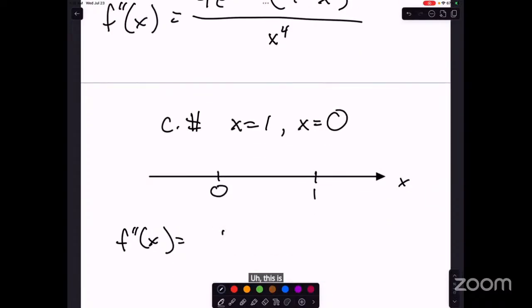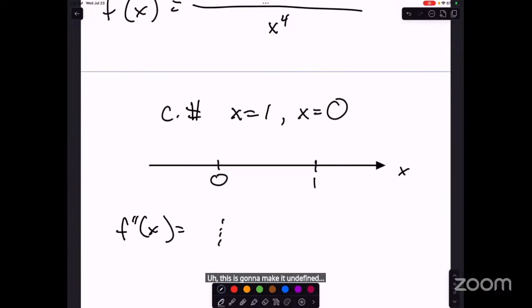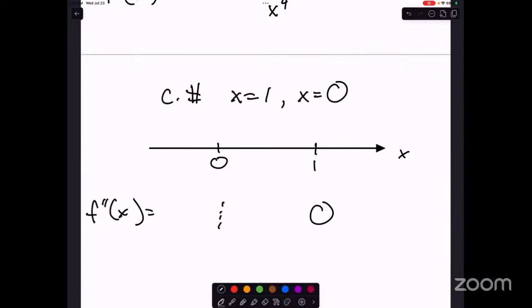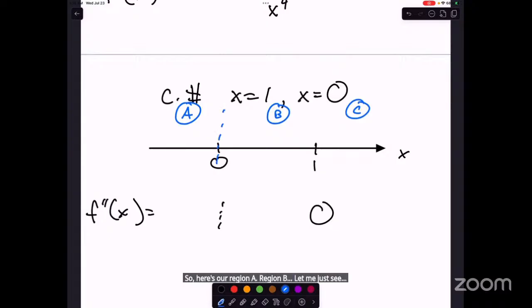This is going to make it undefined. This is going to make it 0. So here's our region A, our region B, our region C. Let's see.